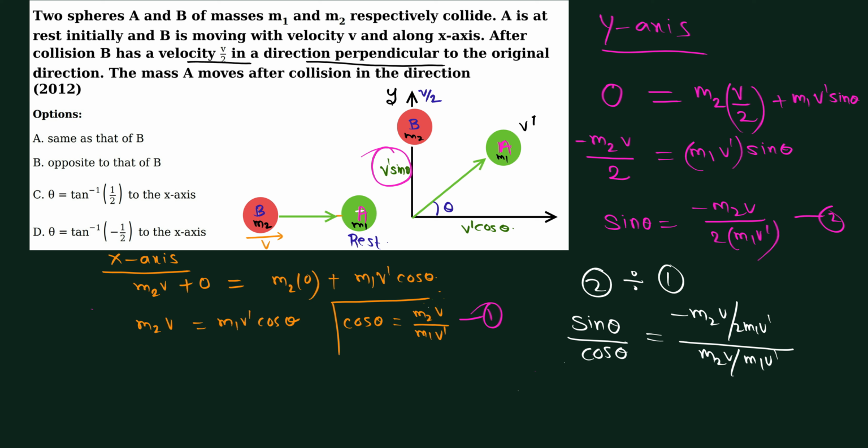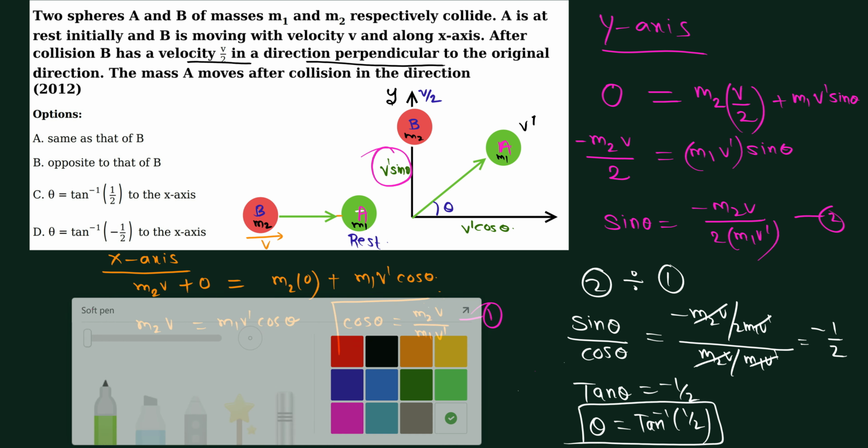Now you see m2v gets cancelled, m1 v dash also gets cancelled. The remaining thing we have here is minus 1 by 2. That sin theta by cos theta is how much? Tan theta. Tan theta equal to minus 1 by 2. Then theta equal to tan inverse of minus 1 by 2. Okay, this is your answer.